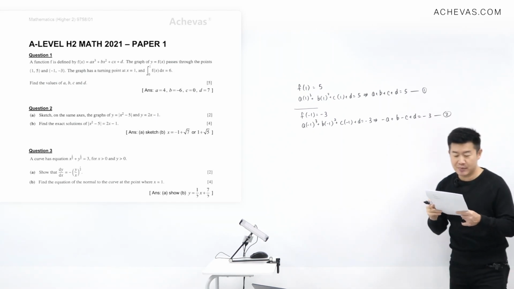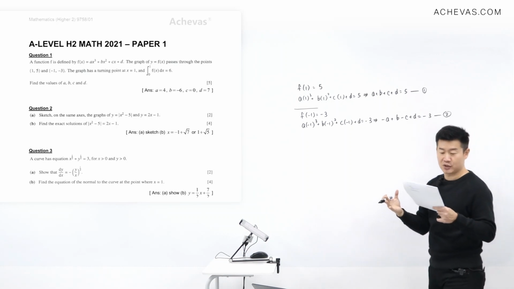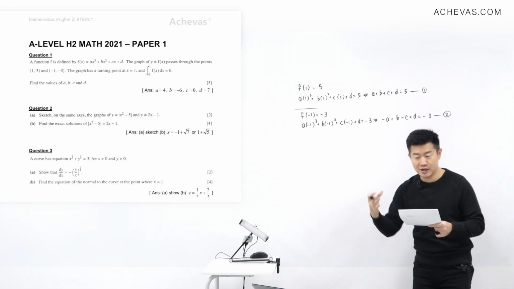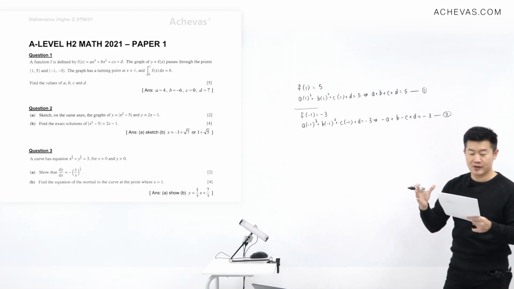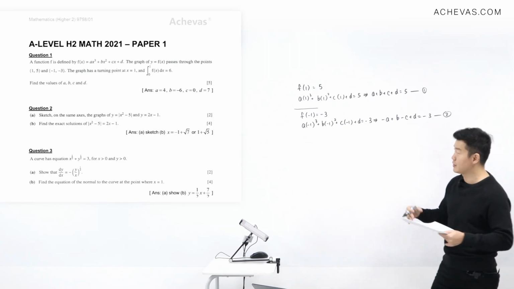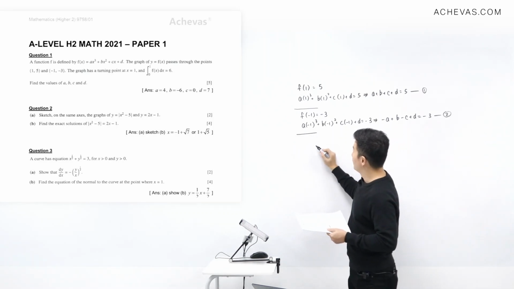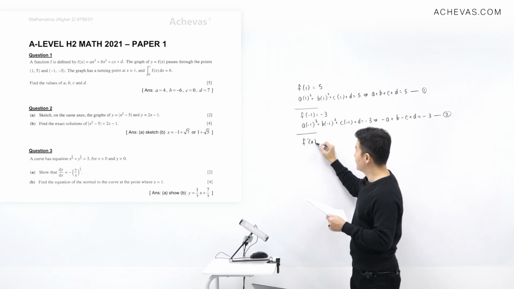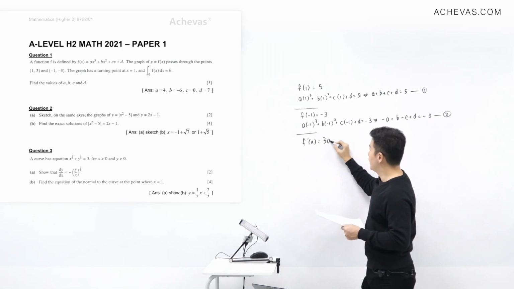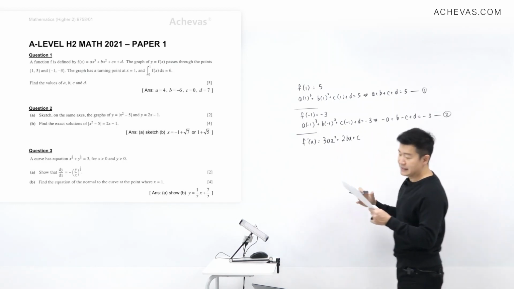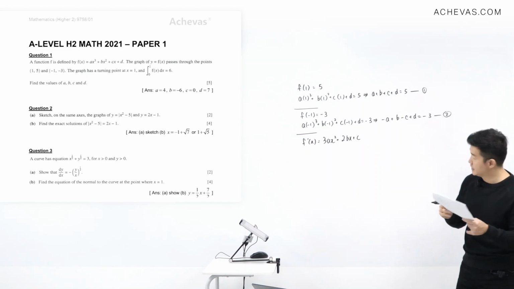The third equation can be formed by making use of the information that the graph has a turning point at x is equal to 1. The feature of a turning point is when dy/dx, f'(x), is equal to 0. So let's find f'(x). f(x) is given as ax to the power 3 plus bx squared plus cx plus d. So f'(x) is going to be equal to 3ax squared plus 2bx plus c. d is a constant, so d is going to disappear.